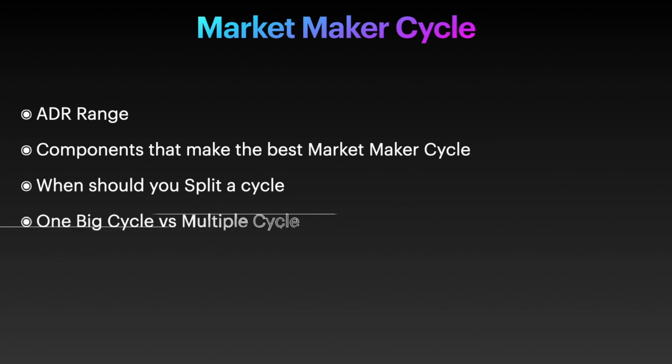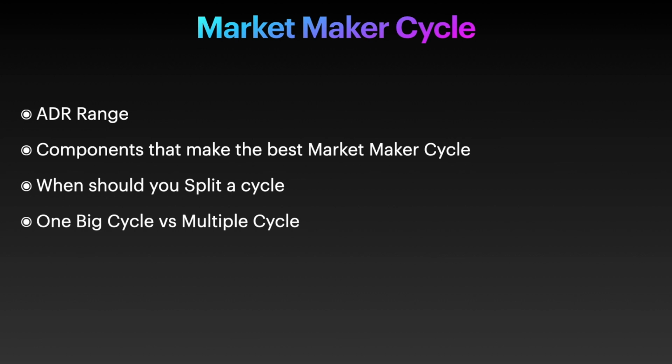We're also going to talk about what is the big cycle versus multiple cycles. I saw in some of the homework examples, when I compared them to my own charts, some of you had a big cycle of like 4.5, while I had 2 cycles within that same one.